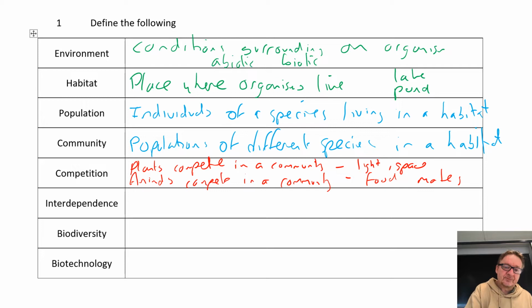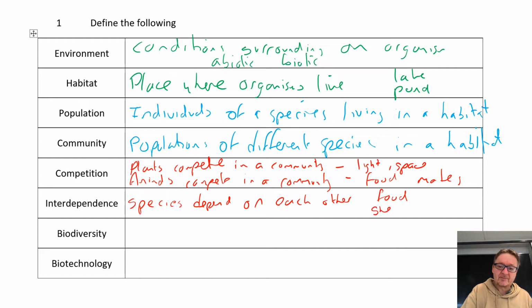Interdependence. That is when species depend on each other. It could be for things like food, or it could be for things like shelter, or for plants, it could be seed dispersal.